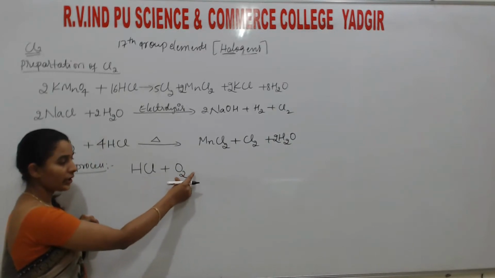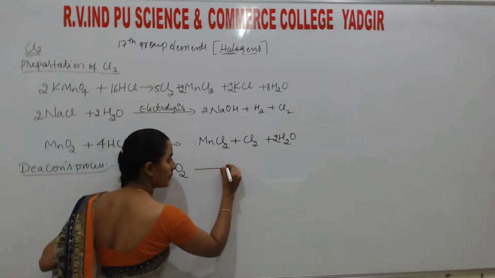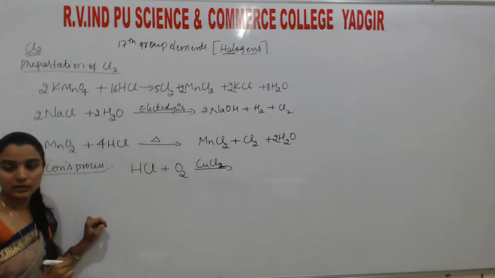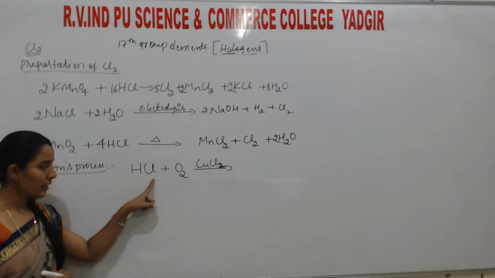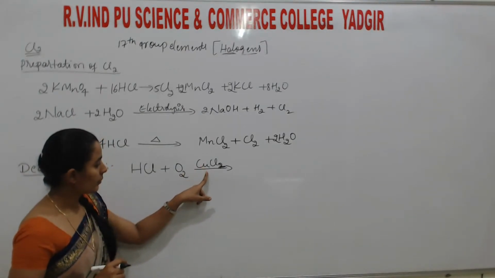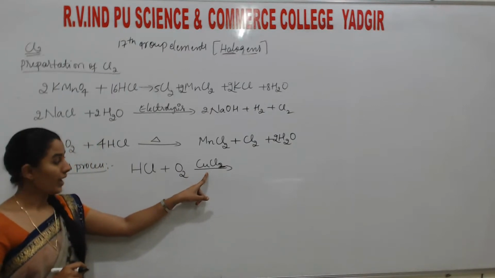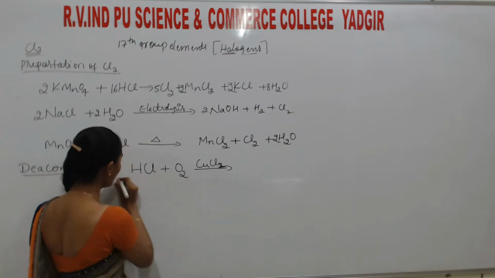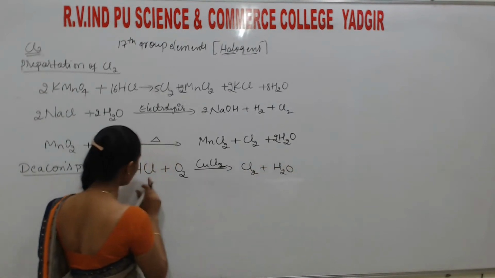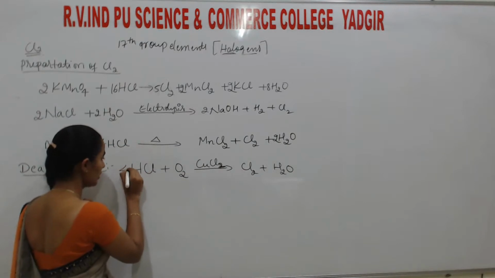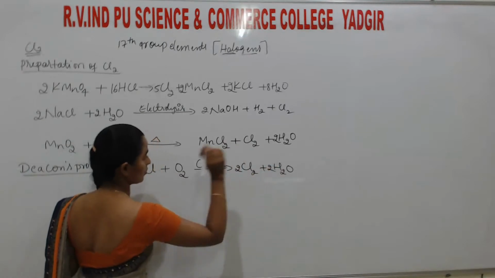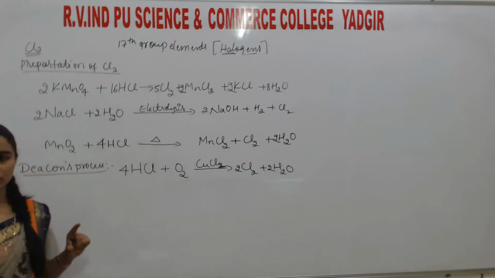HCl is reacted with atmospheric air in presence of CuCl2 as a catalyst, then it forms Cl2 and H2O. So 2 moles of Cl2 and 2H2O, 4 moles of HCl and 1 mole of O2. It is balanced.